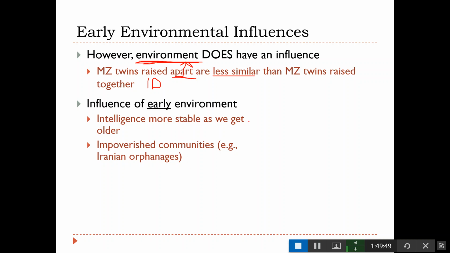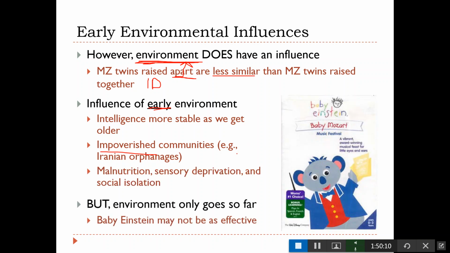So moral of the story is early environment, especially bad environments, when you're in some kind of impoverished community, maybe a low income household where you might not have as many resources, that tends to explain decreases in intelligence scores early on. Okay.